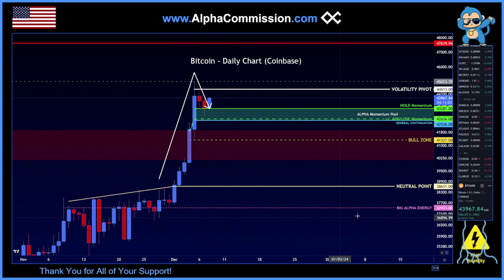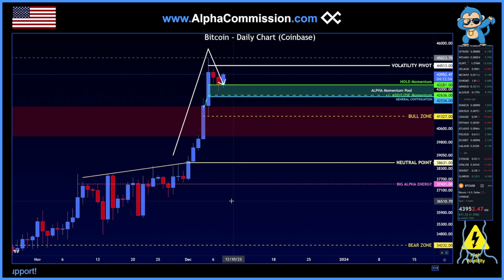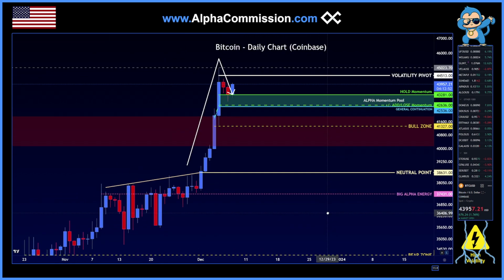And so, look, if we do lose the neutral point, okay, which is essentially where this breaks down into this next area, and if we lose the big alpha energy line, which is essentially where the intensity of our move was validated and even confirmed by some type of oscillator, perhaps the ADX or the DMI.